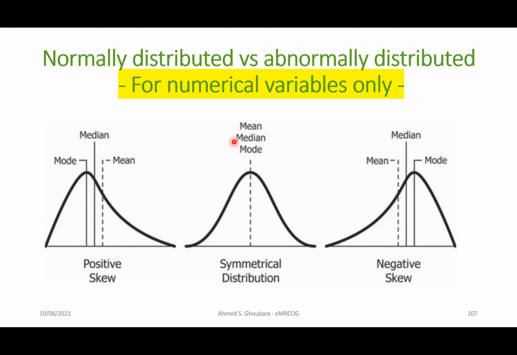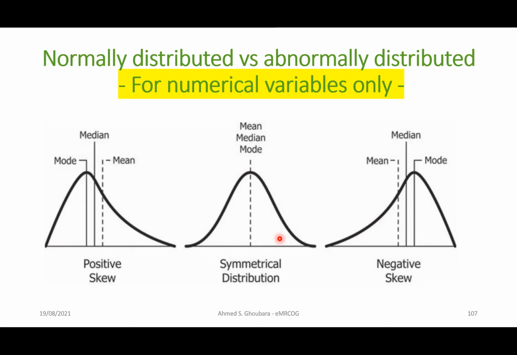How do we know about the distribution? We may eyeball it like this. We may get a picture from your statistical program, and we may take a look at the distribution curve like this one. SPSS actually can do it for you. And also, there are some other statistical tests that are used to tell us whether the data are normally distributed or not.